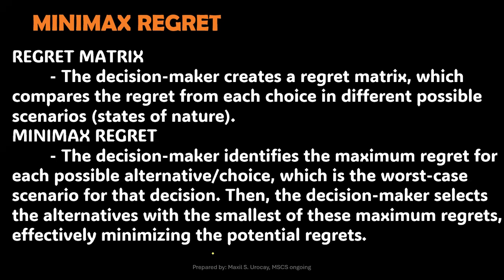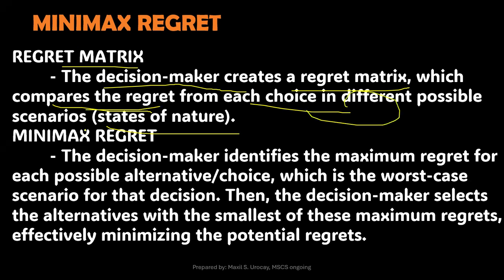Before that, what is a regret matrix? The decision maker creates a regret matrix which compares the regret from each choice in different possible scenarios, which are the states of nature. We'll check that further, as it's vague right now.